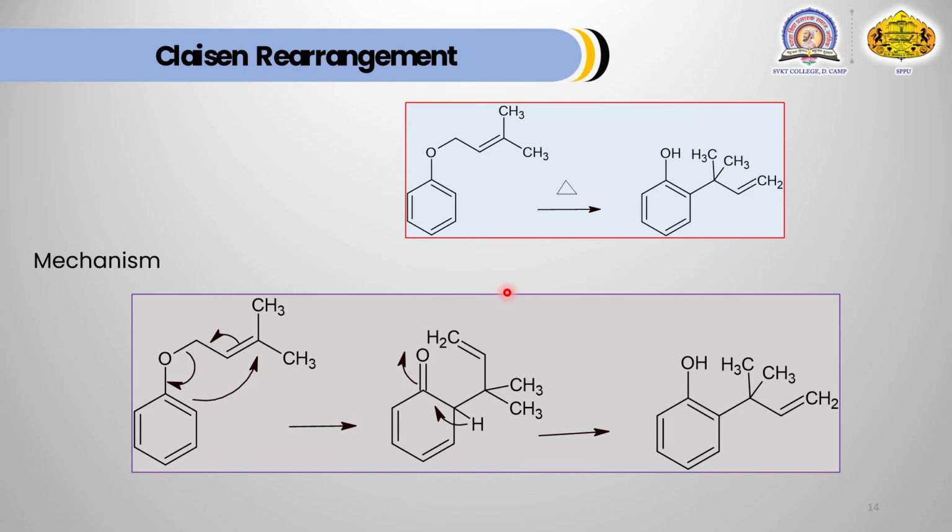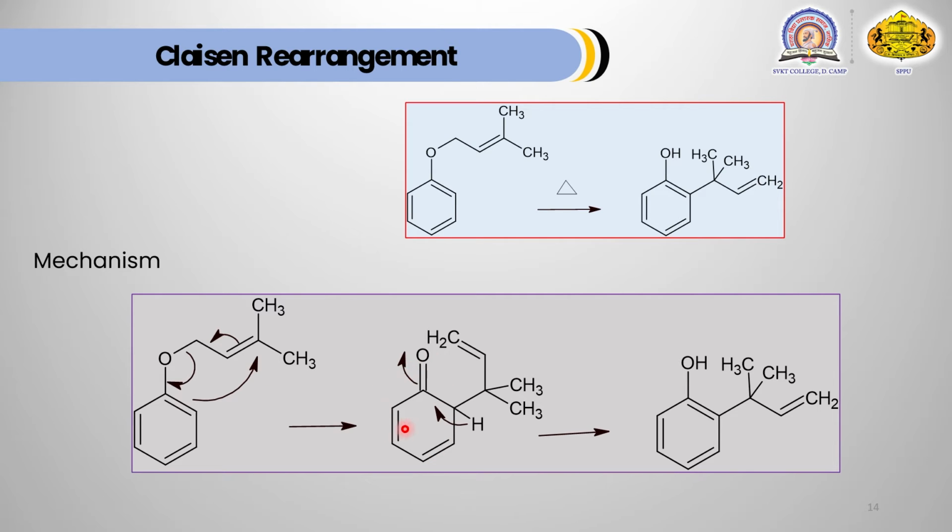The bonding electron pair which is present in the pi bond of this benzene ring is utilized for the attack. It attacks on this carbon atom. These pi electrons are shifted onto this carbon, and this bonding electron is shifted here. That's why breaking of the carbon-oxygen bond takes place.